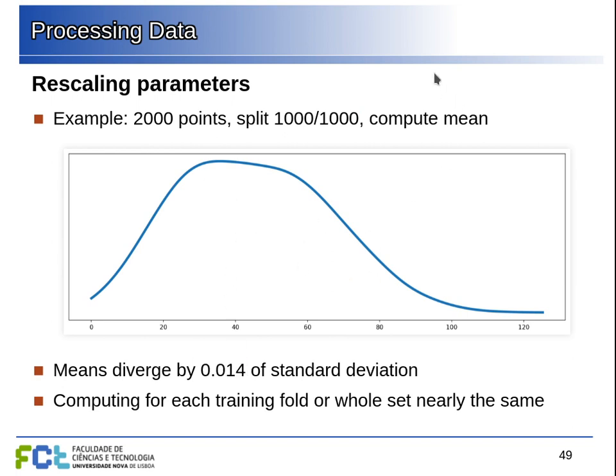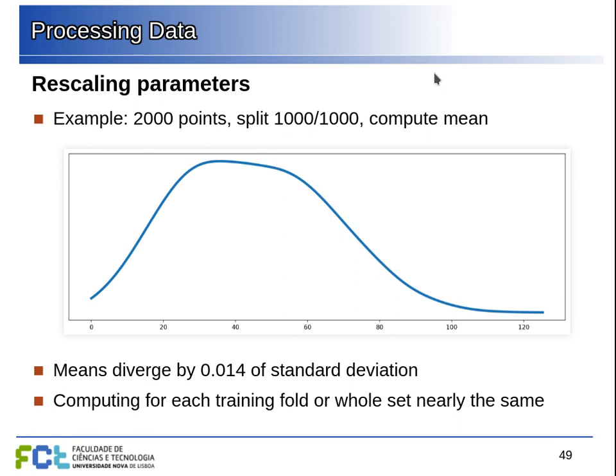So it's most likely that it's not worth the additional bother of doing this only for the training set and then applying for the test set, because the contribution of uncertainty about our true error that we're going to have because of this leakage of information from training to the test set, in this case, is going to be irrelevant.